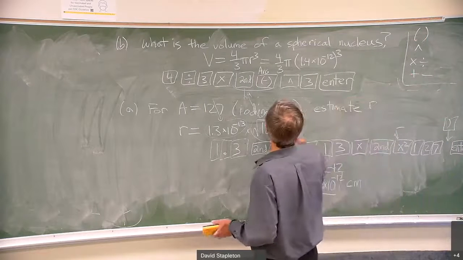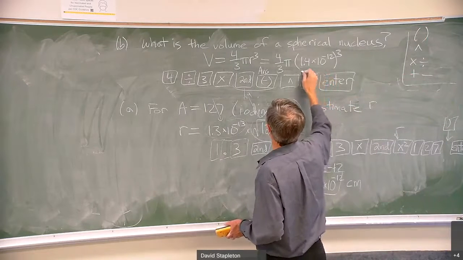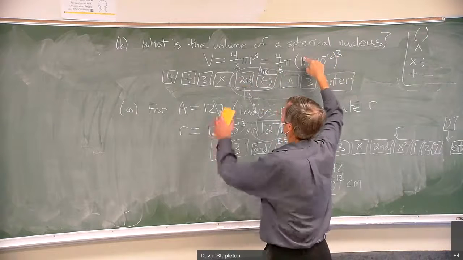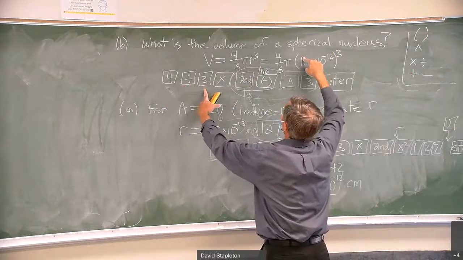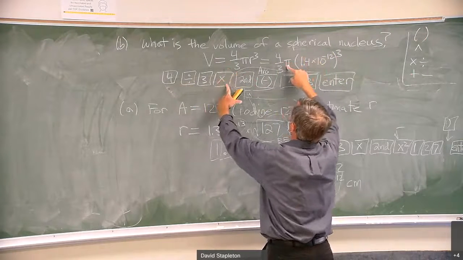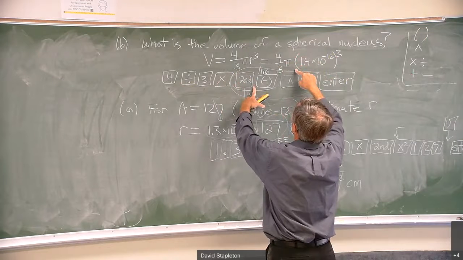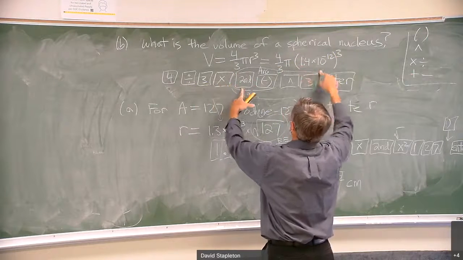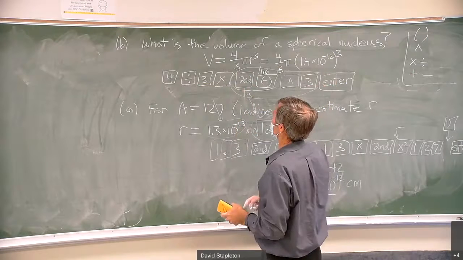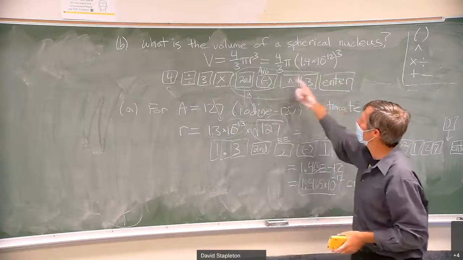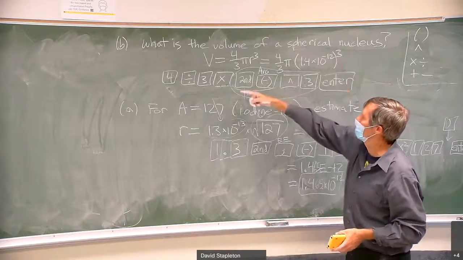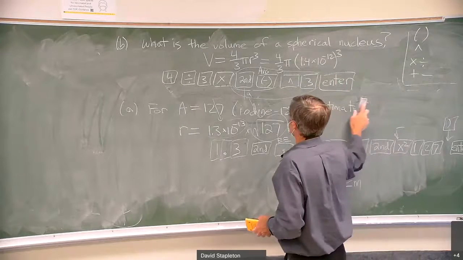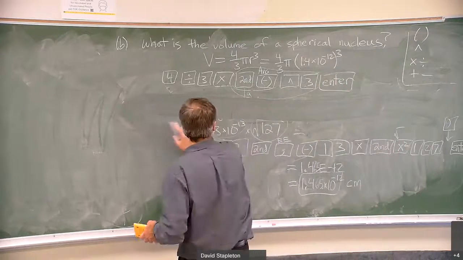So when you look at this, it will do the power first, take the last number to the third. It will divide 4 by 3, and multiply by pi, multiply that result times this one. So you don't need any parentheses in this. It'll work perfectly. It will do the power first, just like you want, and it will do the division and multiplication in order. So let's try that and see if I can get the right answer.